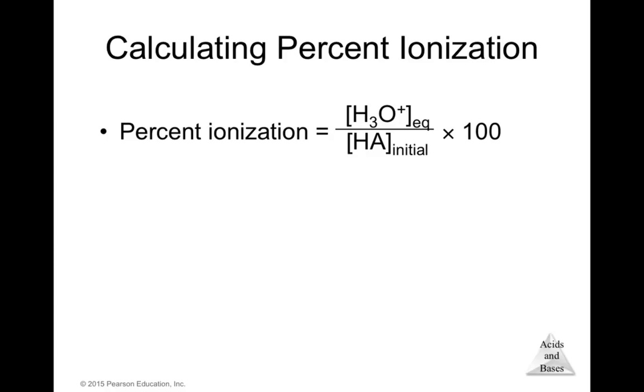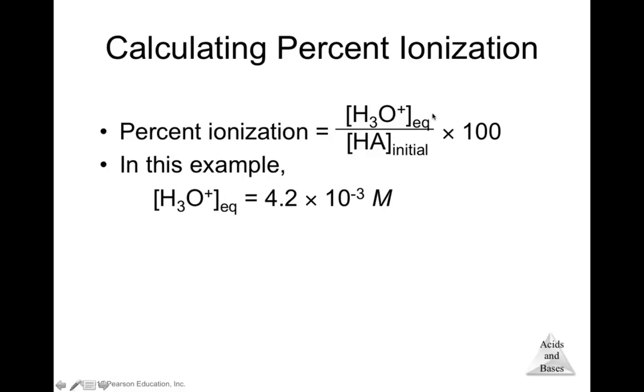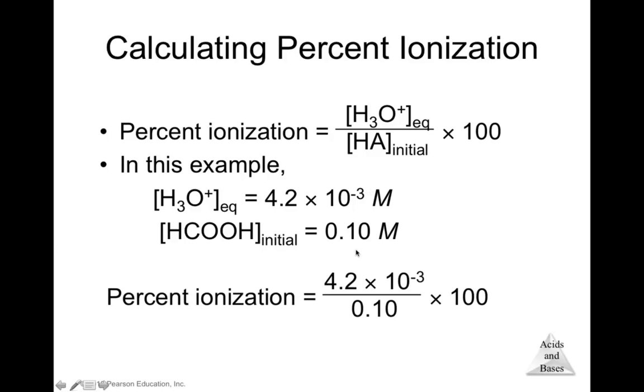In this example, the concentration of H3O was 4.2 times 10 to the power of minus 3, and the initial concentration was 0.10 molar. So we divide 4.2 times 10 to the power of minus 3 by 0.1, multiply all this by 100, and we have that the percent of ionization for this solution is 4.2%.